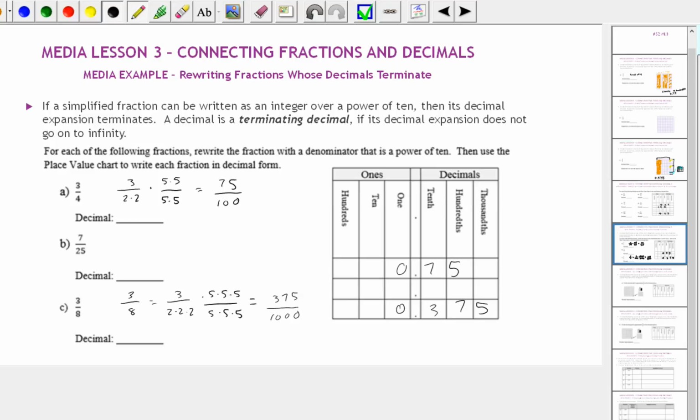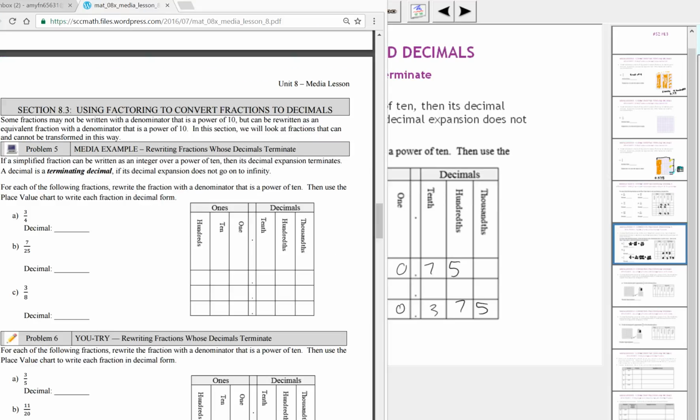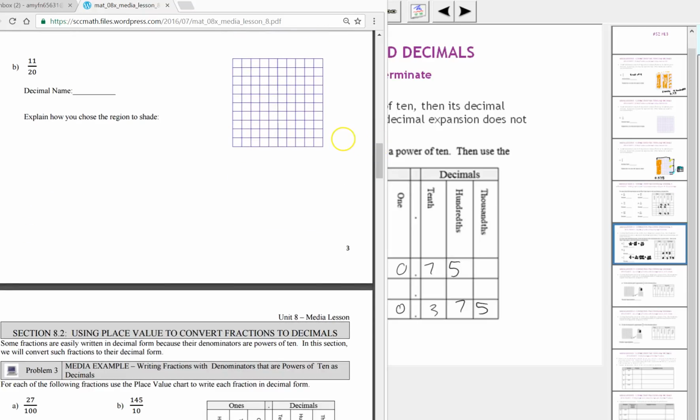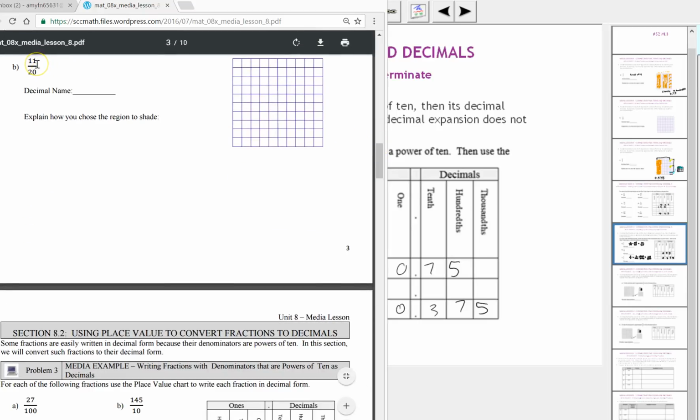So to sum up, we took fractions. First we used decimal grids and shaded a numerator number of pieces out of every denominator number of pieces.